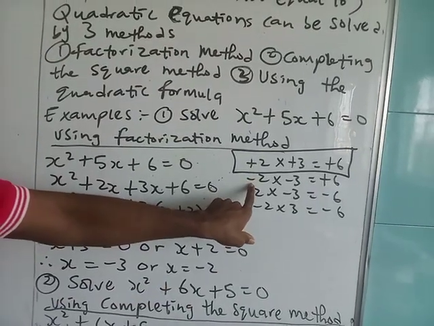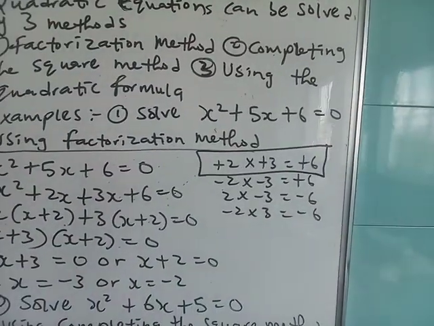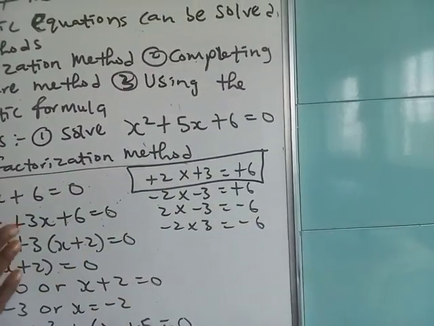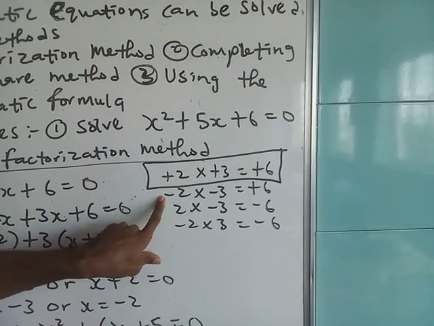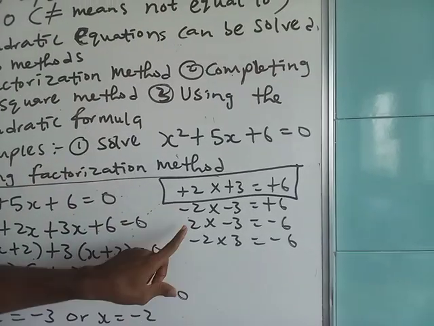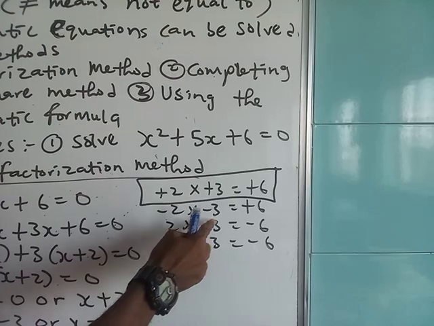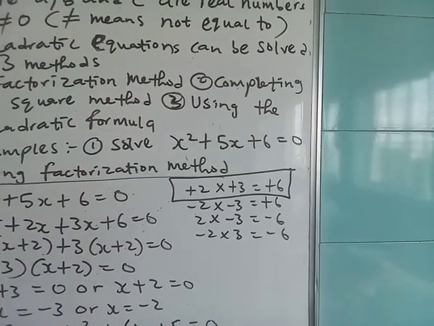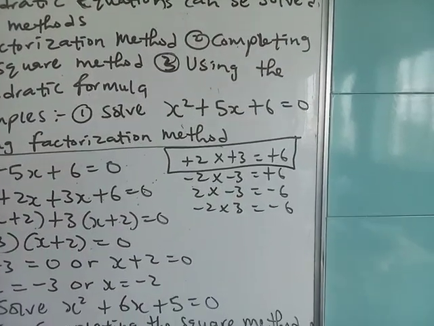But if you want to try the other ones, minus 2 times minus 3 will give you plus 6, but minus 2 plus minus 3 will give you minus 5. That is not what we need. We need plus 5, not minus 5, so this is not accepted. 2 times minus 3 will give you minus 6, and 2 minus 3 will give you minus 1, so this one is also not accepted.